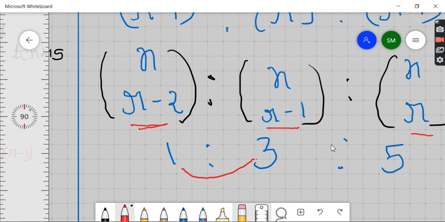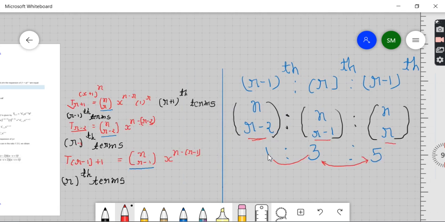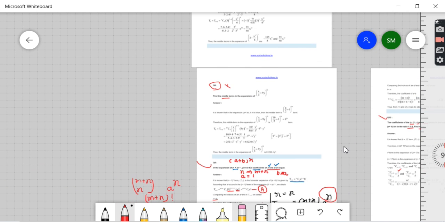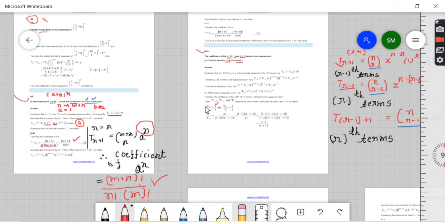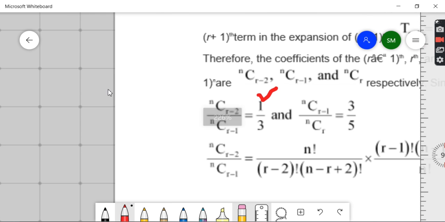Then I will take a ratio of these two terms also. So nC(r-2) upon nC(r-1) is equal to 1 : 3, as well as nC(r-1) upon nCr is equal to 3 : 5.